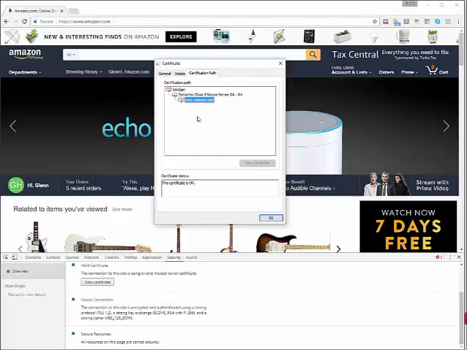Amazon gets their certificate from here, and because it was retrieved from a system that had a certificate from VeriSign, we trust the whole thing. And this is how digital certificates work for us. They're used for the encryption piece, and they're used to help identify who somebody really is.